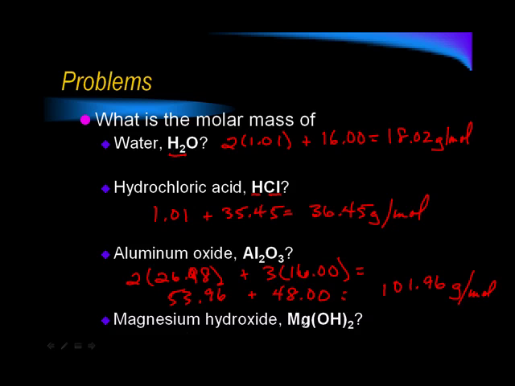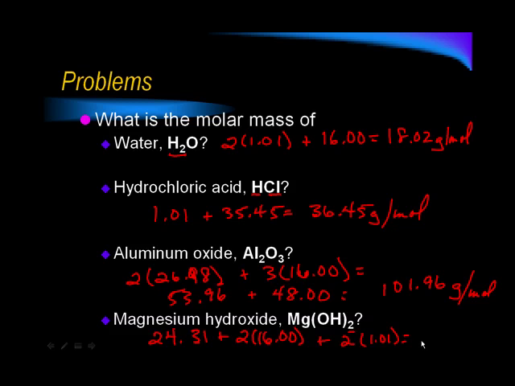Now the last one here, magnesium hydroxide. There's 1 magnesium. Magnesium has a mass of 24.31. Now you have parentheses here. This 2 goes on everything inside the parentheses. So you have 2 oxygens at 16.00 and 2 hydrogens at 1.00.